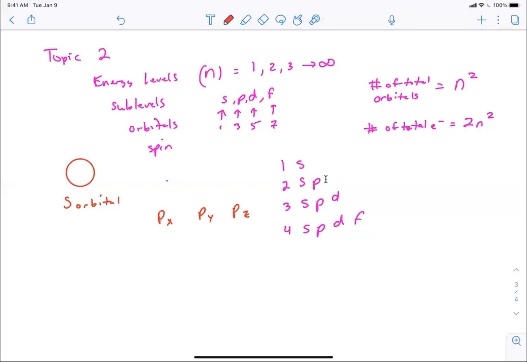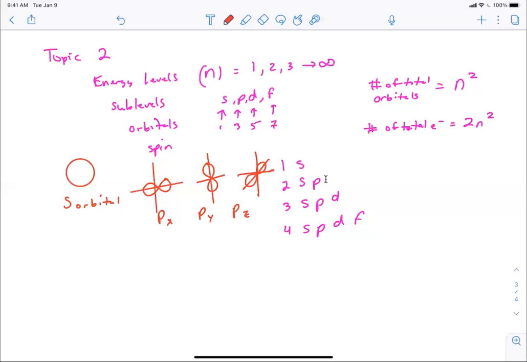And so a px is aligned with the x-axis. The py is aligned with the y-axis. And the pz is aligned with the z-axis.